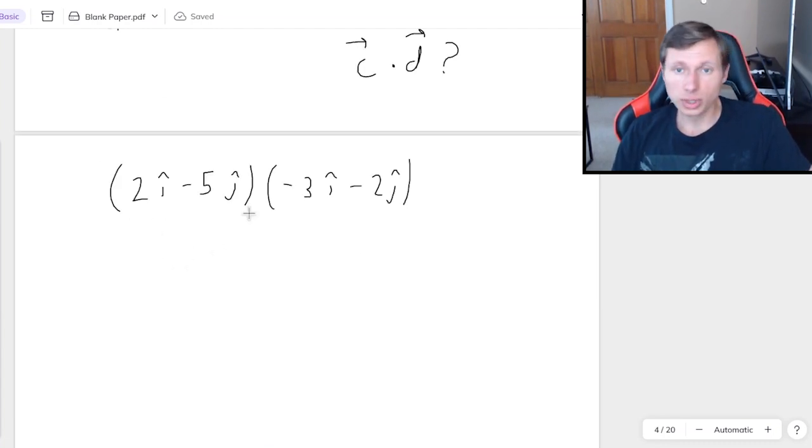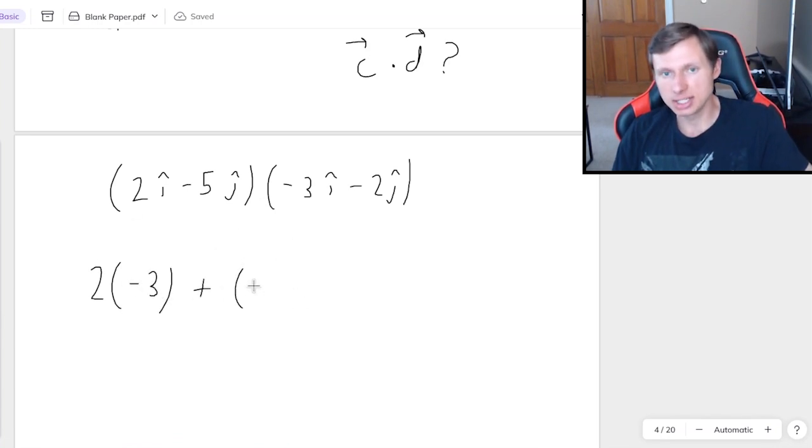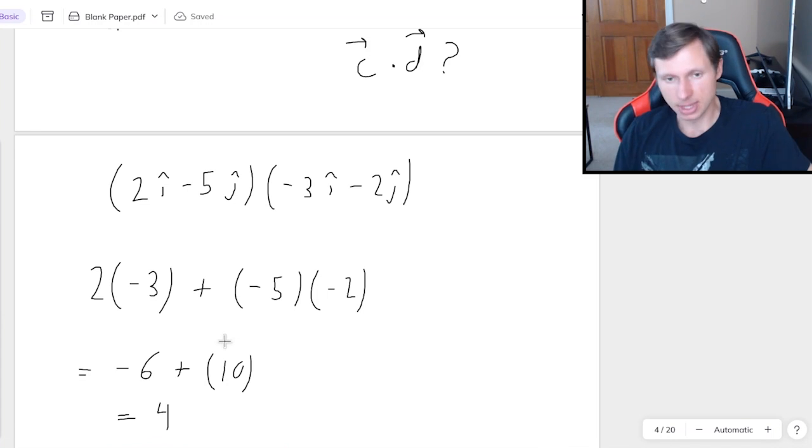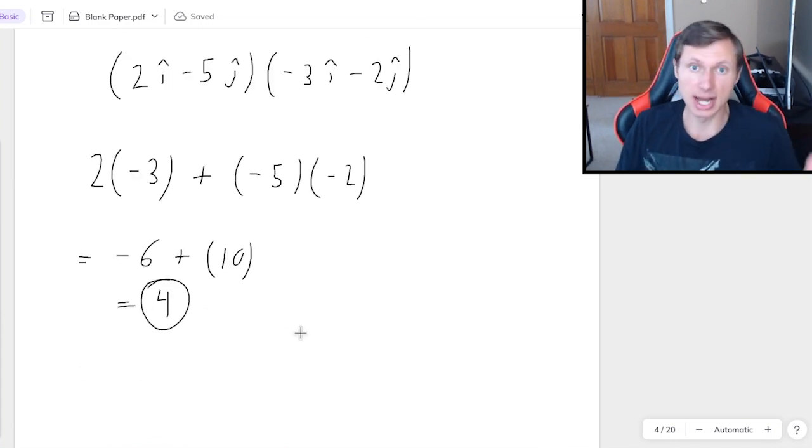And then you just only combine the i's, so for instance 2 times negative 3, and then plus the j's, in this case negative 5 times negative 2, giving me negative 6 plus positive 10, because they're both negative. Negative 6 plus 10 is positive 4, and that's the answer for c dot d.